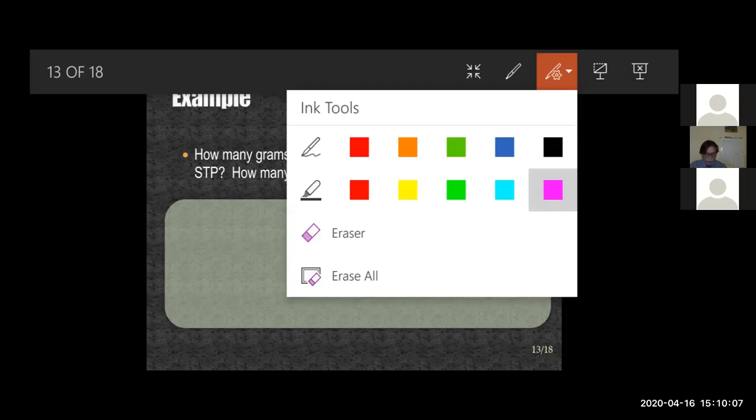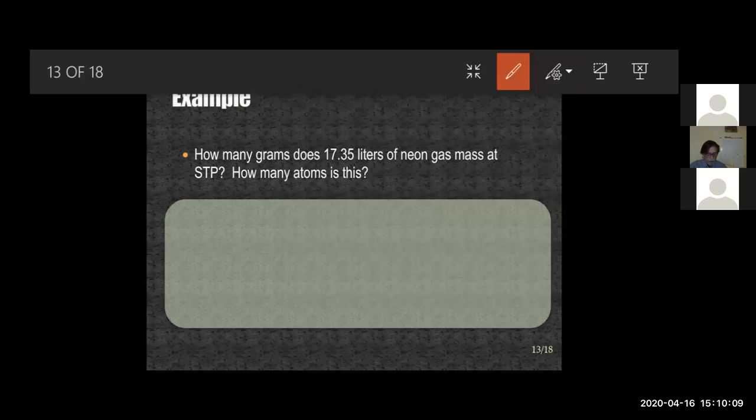It's asking you, how many grams? So that's the ultimate. Okay, asking how many grams does 17.35 liters mass at STP?